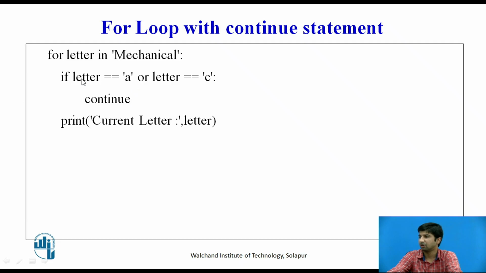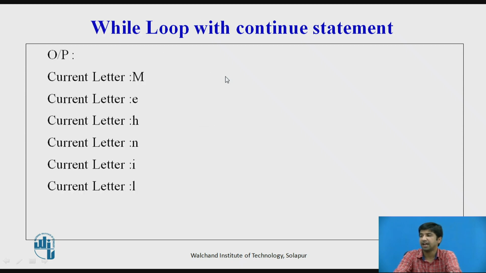When letter equals M, is it true? No, false, so it will print M. When it takes the value A or C, it will skip that particular iteration. So the output will be MEHNIL.